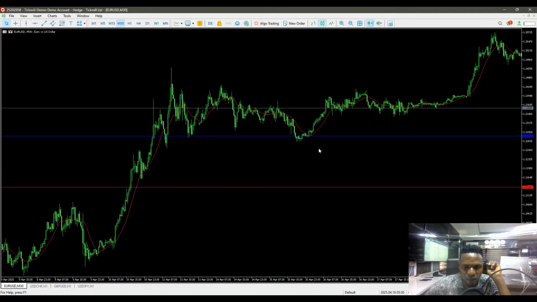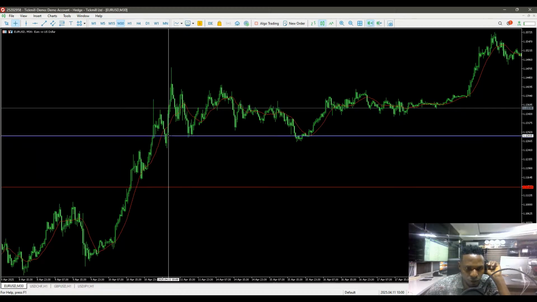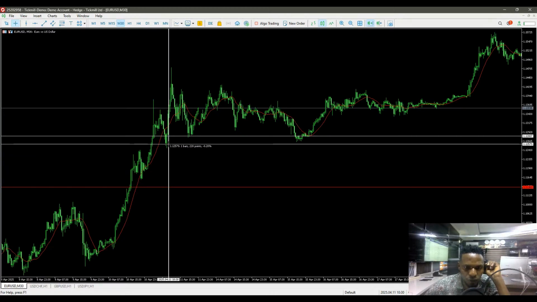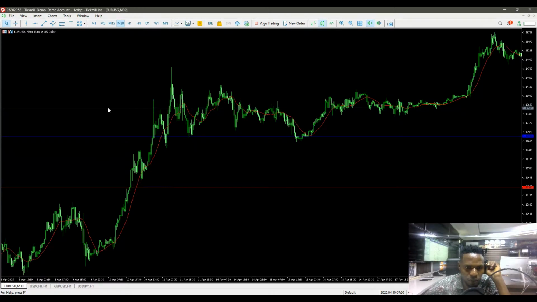You can see acting as resistance, acting as resistance. Let's see if this will hit stop loss. Yeah, this one hit stop loss. This one hit stop loss.